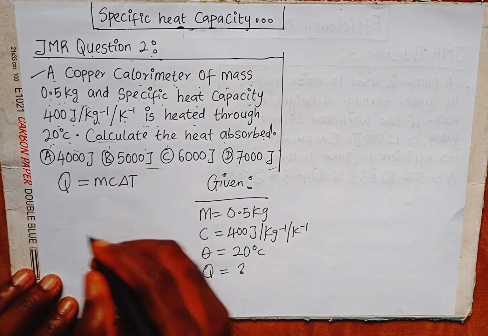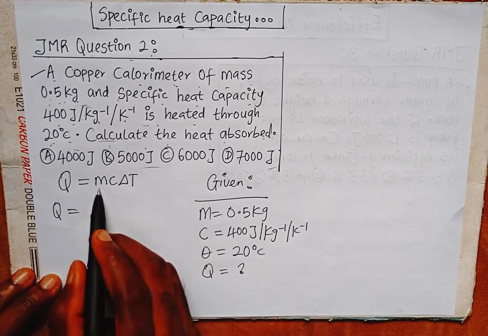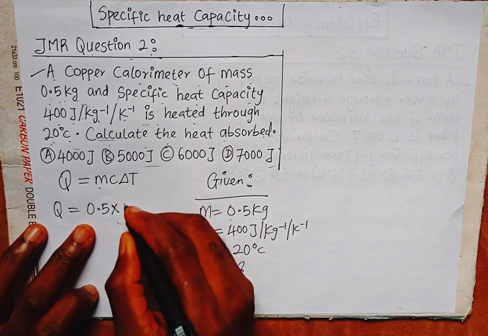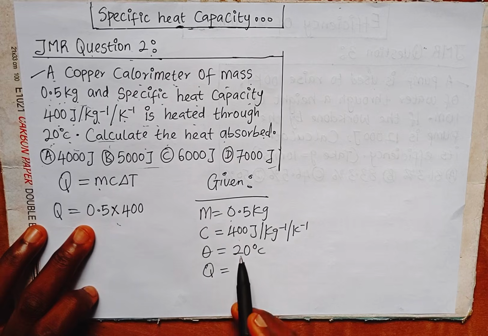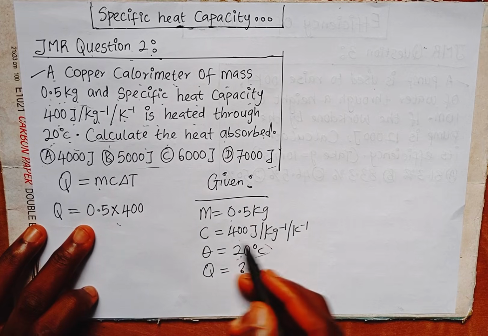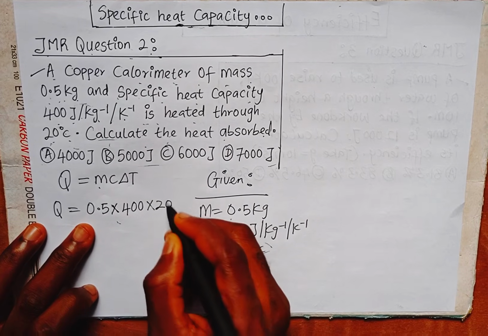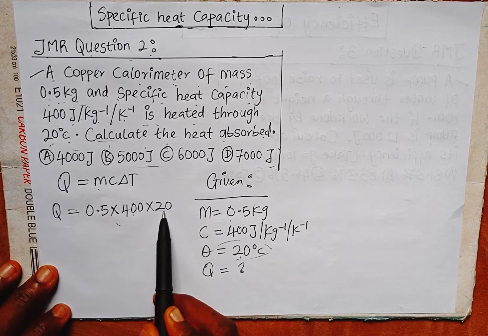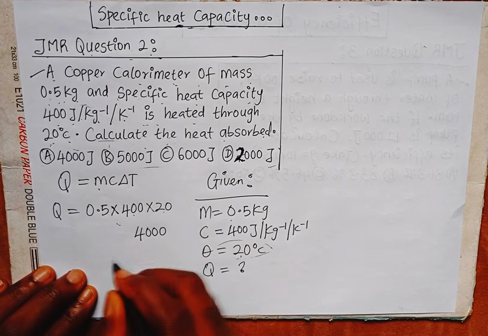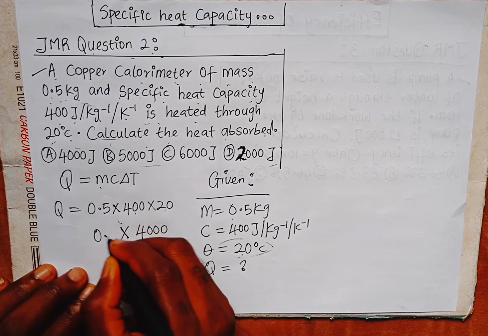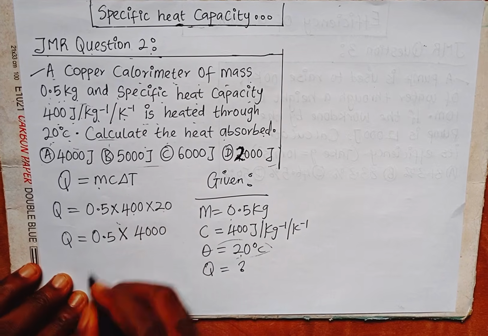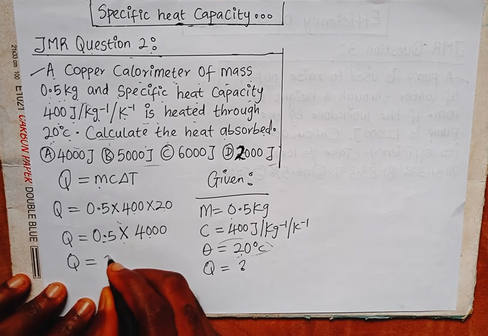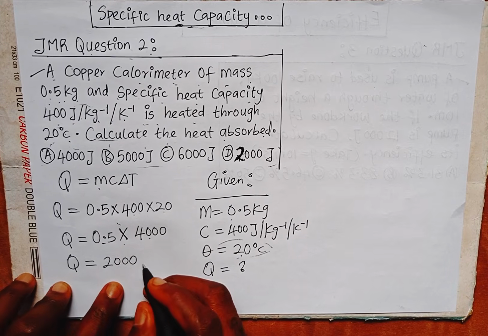If we substitute, Q is equal to 0.5 times 400 times 20, since only one temperature change is given. 400 times 20 gives us 8,000, and 0.5 times 8,000 gives us 4,000 joule.